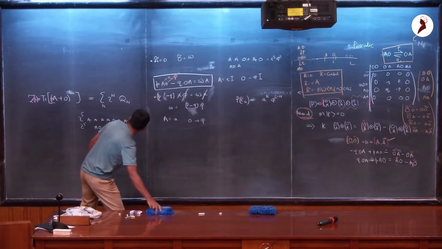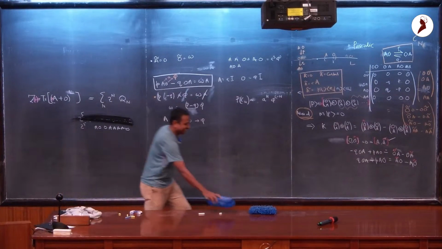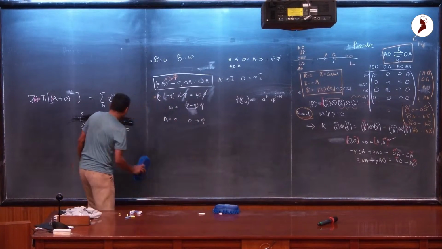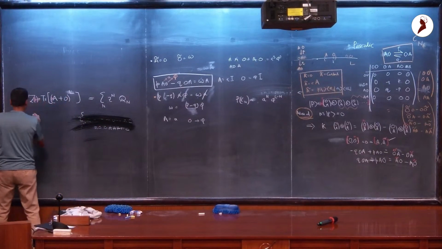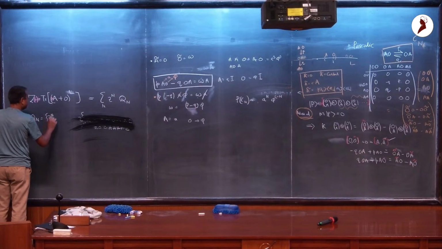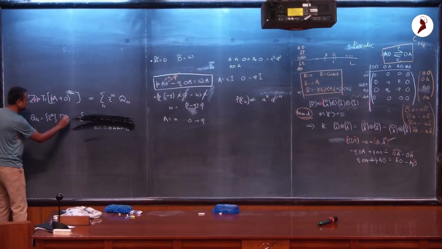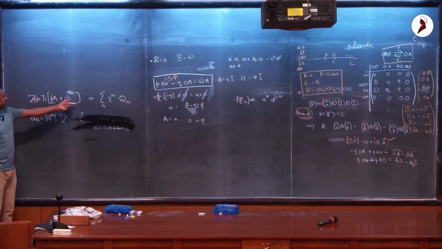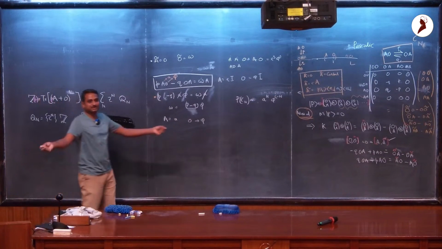Your actual partition function with n particles will be the coefficient of Z to the power n in this Z, the one I wrote. And how do we find the coefficient of Z to the power n of a function?